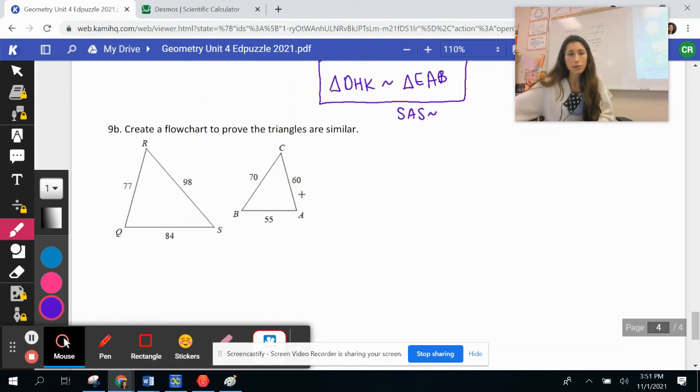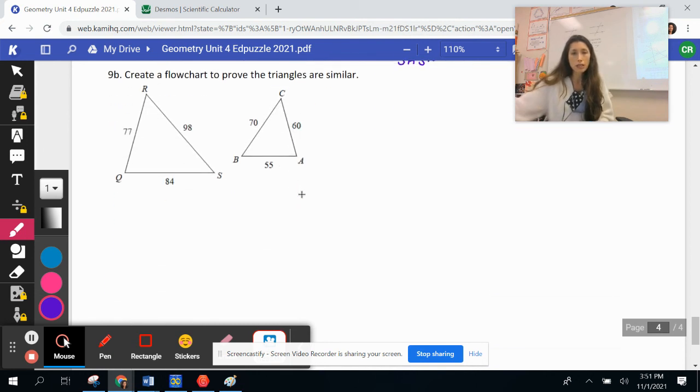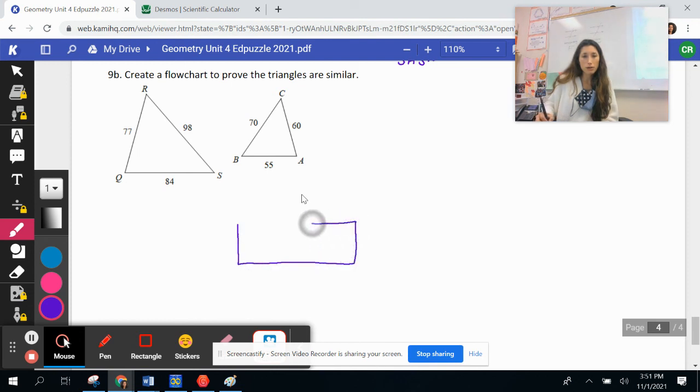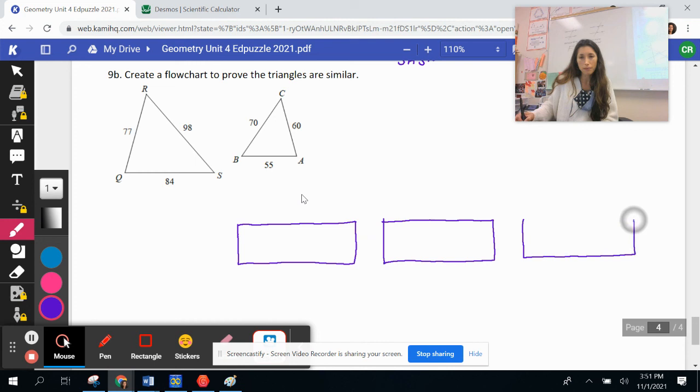All right, so we're going to set up the proof for this last question. Create your 3 boxes or circles, whatever you prefer. We're going to do this together a little bit. Okay. I'm going to have you do the 2 smallest side ratios with each other.